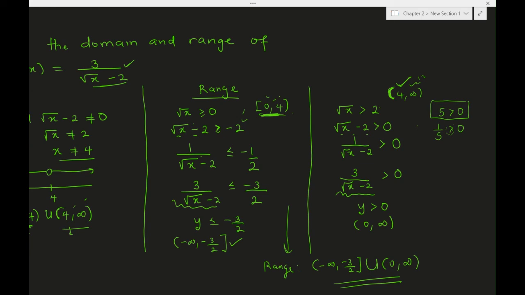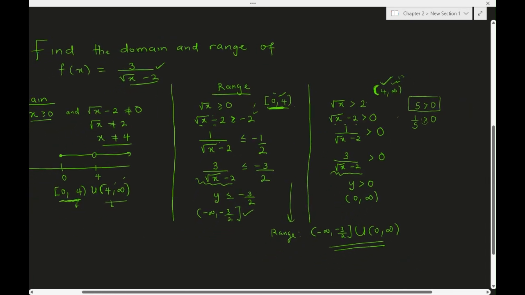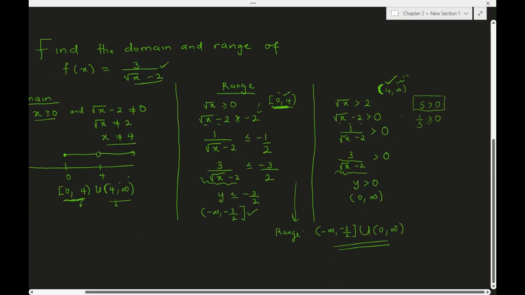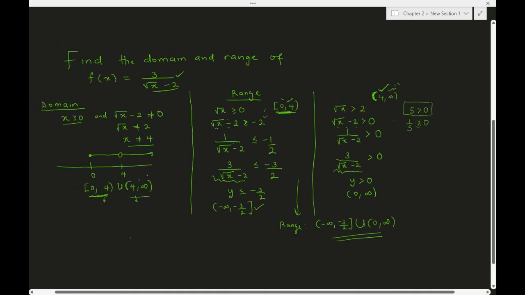So here we did two things. We have to consider when x is coming from here and when x is coming from 4 to infinity. So that is how the domain is very, very important. Before you can even find a range, you need to look at the domain because that will guide how you choose your values.